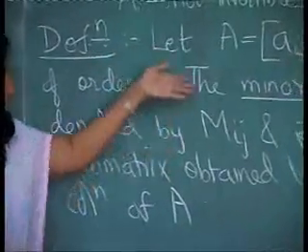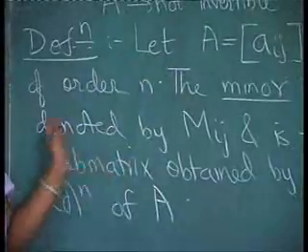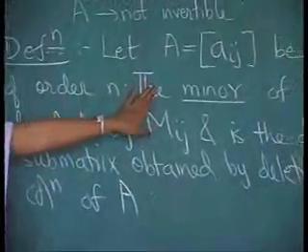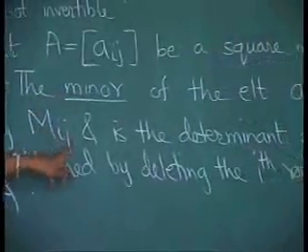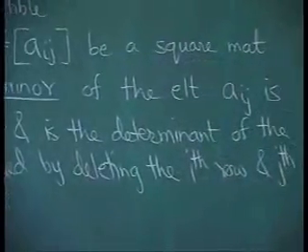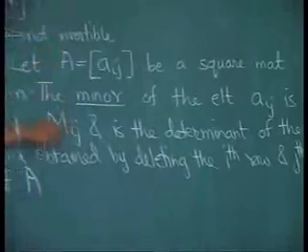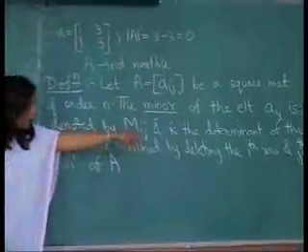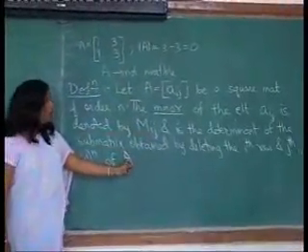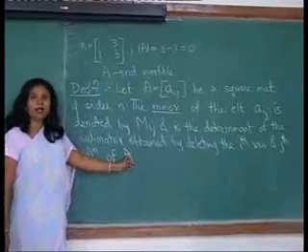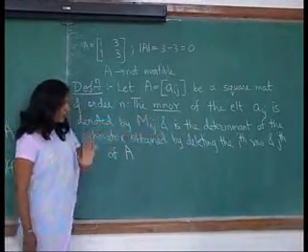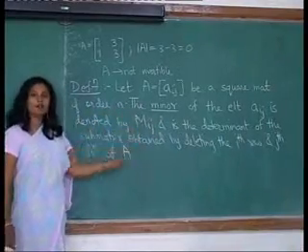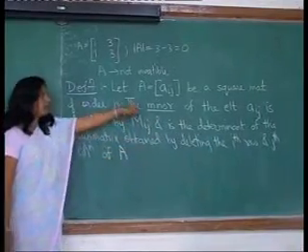But while we are at this, let me quickly again explain what we mean by the minor of an element Aij. Suppose I am calculating the minor capital Mij, then what I need to do is from the matrix A, delete the ith row and jth column. We will be left with a matrix of order n minus 1 because there will be 1 row and 1 column less. Take the determinant of that submatrix, that will give us the minor.